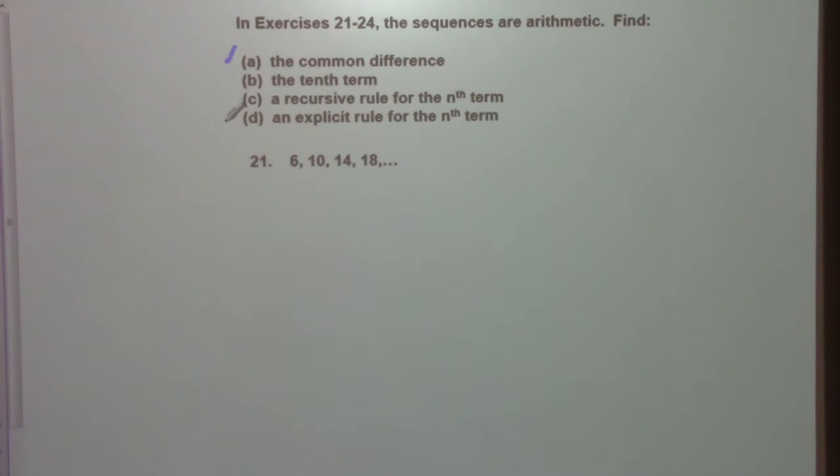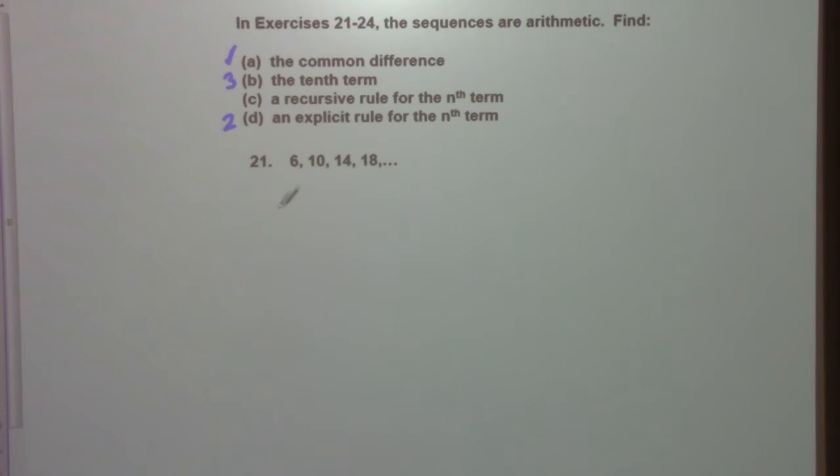And then secondly, we're going to go down to part D. And then we're going to use part D to work out what part B is. So in that order. And just for this instance, I'm going to show you a recursive rule as an example. But as far as what I want you to do subsequently after this problem is to work on parts A, B, and D. A first, D second, and B third.